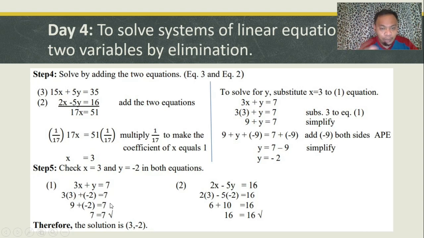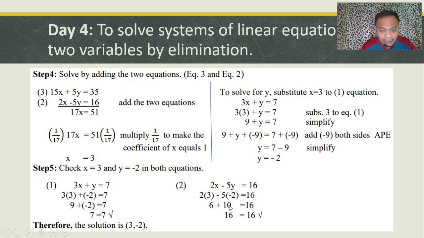Then for our equation number 2, let's check kung tama ba po yung ginawa natin. We have the value of x is equal to 3 and value of y is equal to negative 2. So substitute that one to our second equation. 2 times x, our x is 3, so 2 times 3 is 6. Then negative 5 times the value of y na negative 2. So therefore, negative 5 times negative 2, that is positive 10.